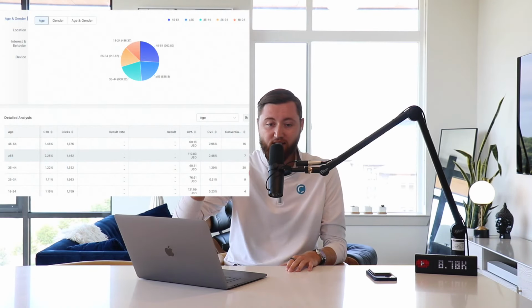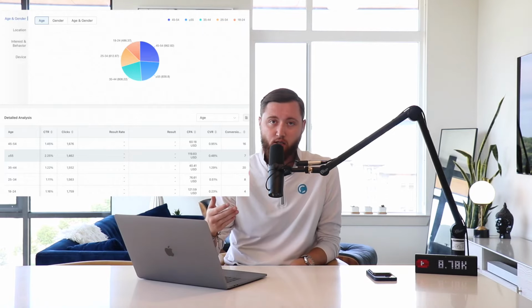The next thing is your campaign data. This is probably one of the most important things here because with campaign data, you're going to be able to see a lot more detailed information about your audiences, like the age of these individuals. You can see exactly what age range is getting the most results. With a platform like TikTok, because there are so many people on here, so many different ages, so many different things going on, and it's so new, it's really important that you get quite specific with who you're going to be targeting.